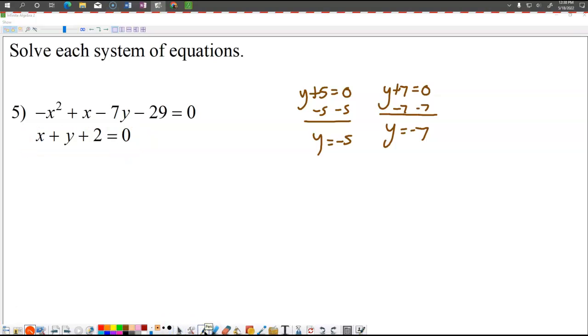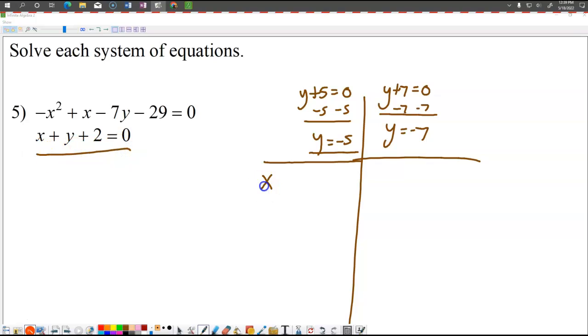So let's do that. I'll break this up into two halves here. We're going to plug -5 in for the y first into this equation. So x minus 5 plus 2 equals 0. So we get x equals 3.